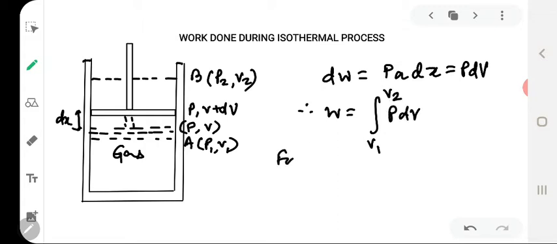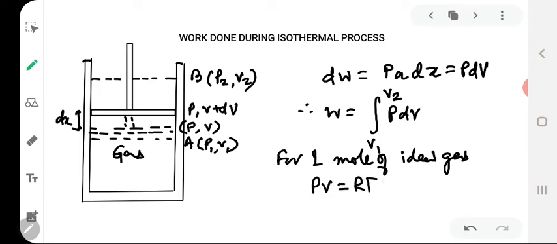Now, for 1 mole of ideal gas, PV is equal to RT, which implies P equals RT by V. So now substituting in the above equation, we get W equal to the integral from V1 to V2 of RT by V dV.